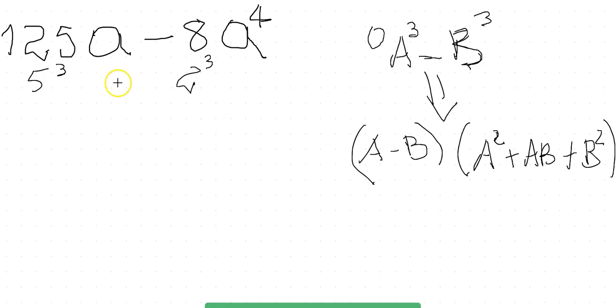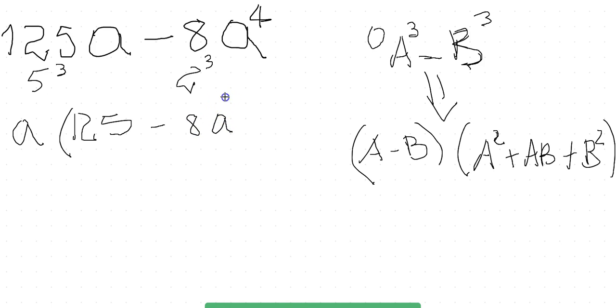What can I do? Let me try to put this a in factor. I would have a factor, and here I have 125 only. That's a cube. And I have here a to the power of what?